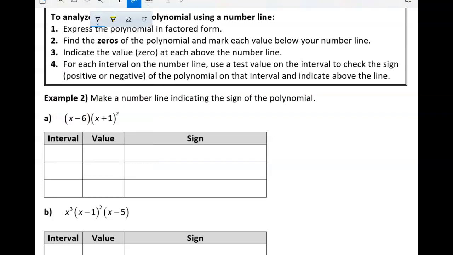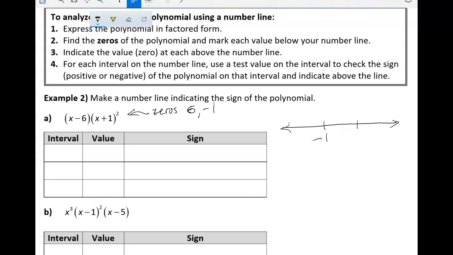So we're going to find the zeros, and our zeros are x equals 6, because that would make the expression equal to 0, and x equals -1. They're just basically what makes each of the factors equal to 0.